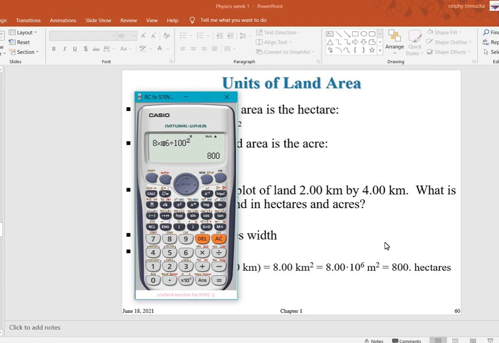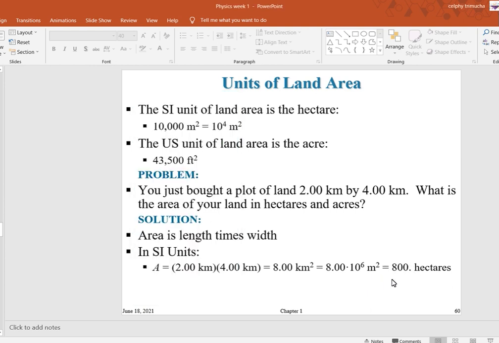Okay, so once you have the value in meters squared, just divide it by 100 squared, and that will be equal to hectares.